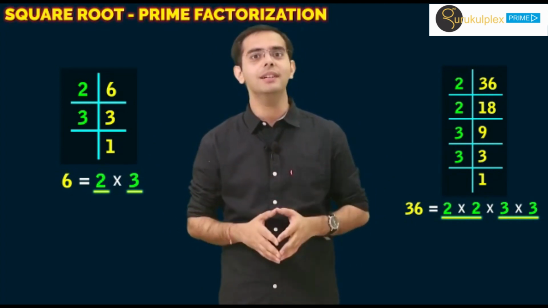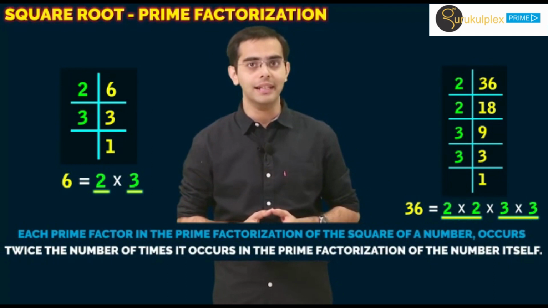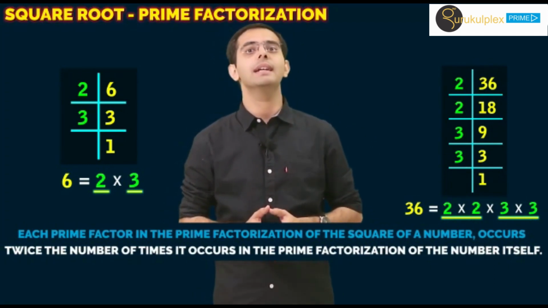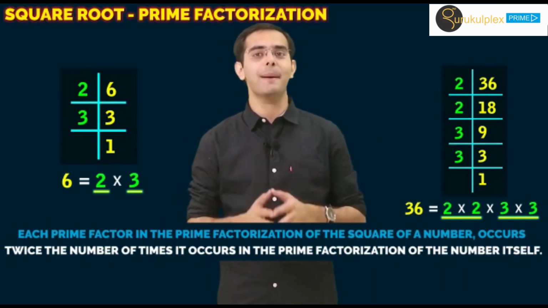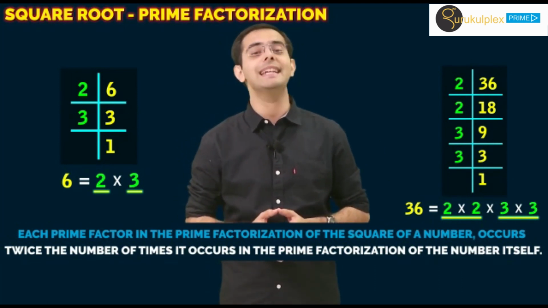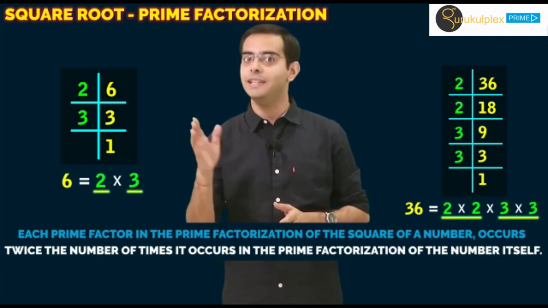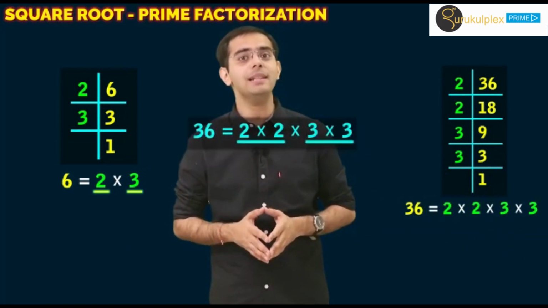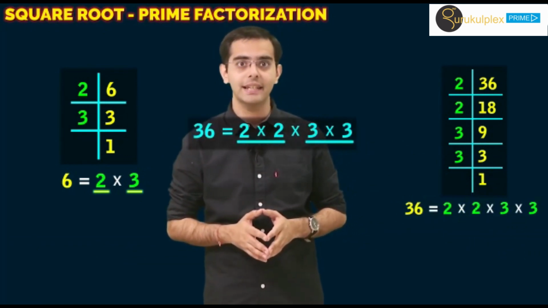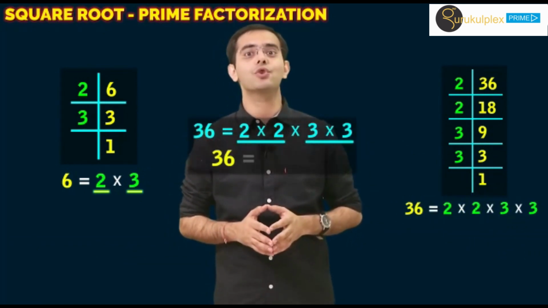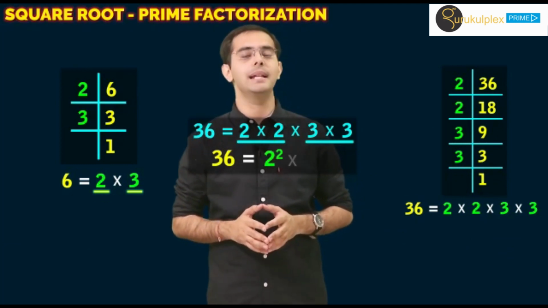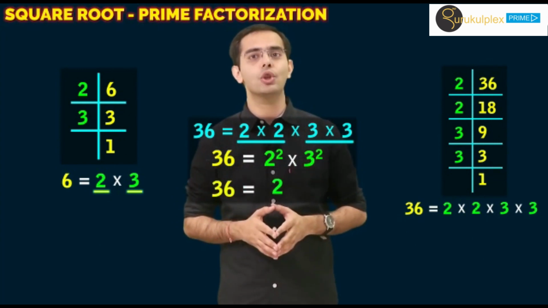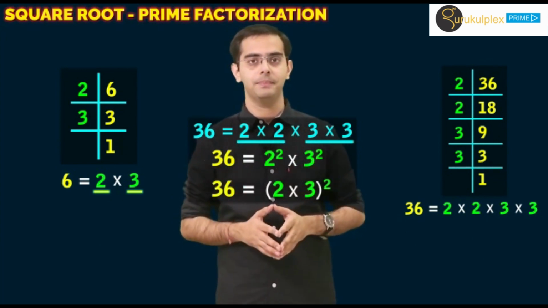So we can infer that each prime factor in the prime factorization of the square of a number occurs twice the number of times it occurs in the prime factorization of the number itself. So if we pair the prime factors of 36, then we get 36 equal to 2 square multiplied by 3 square. Or this can be written as 2 into 3 whole square.